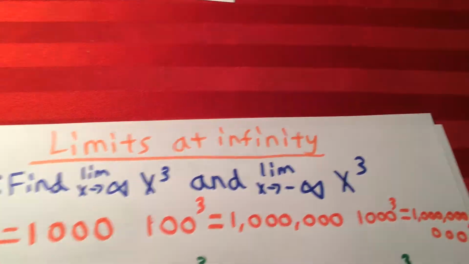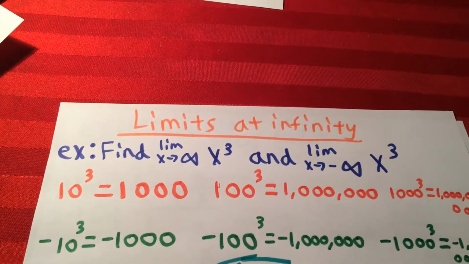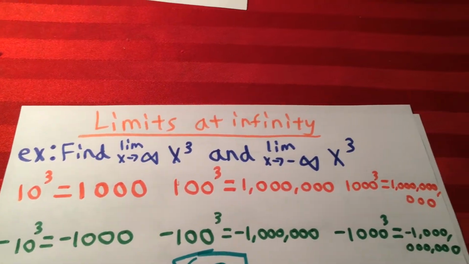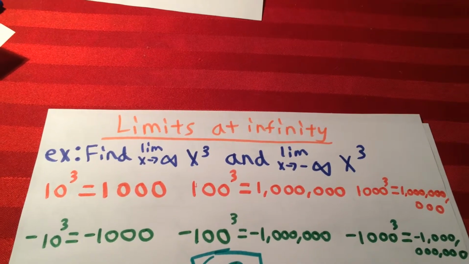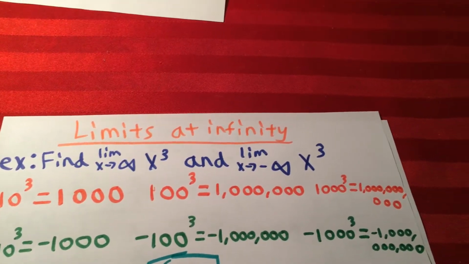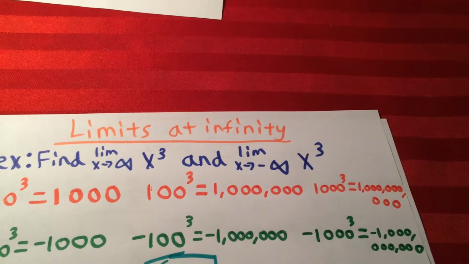Same goes for the negative. If you plug in a negative number, you get a really small number though: negative 1,000, negative a million, or negative a trillion.